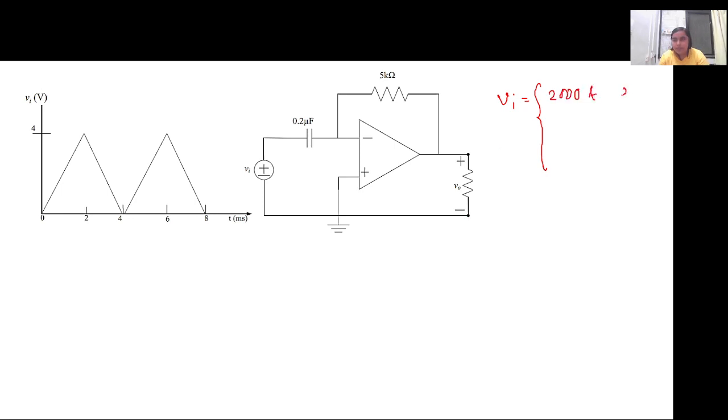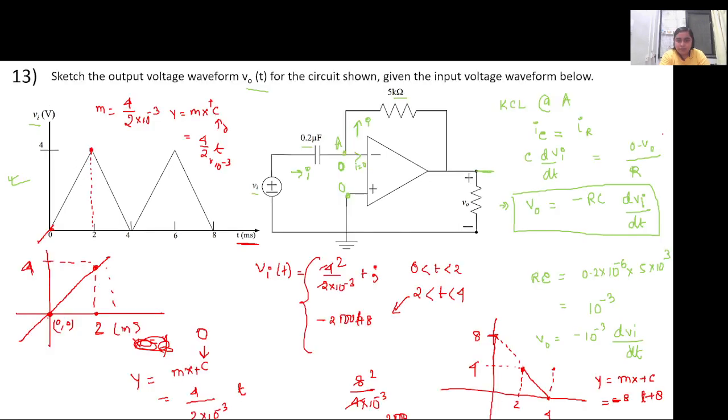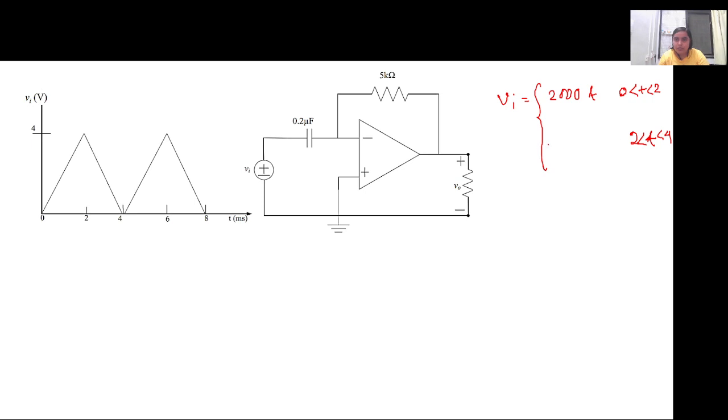This is the condition between 0 to 2, and the condition between 2 to 4 will be minus 2000 t plus 8. This is the condition of Vi.